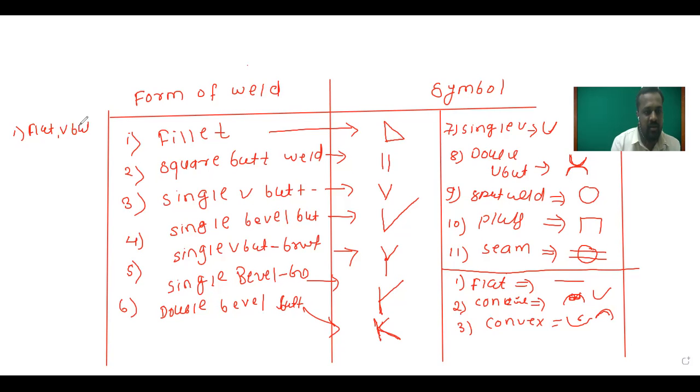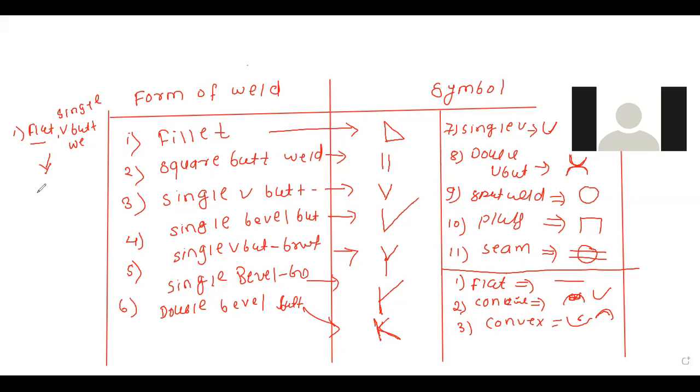Suppose they have gone flat, single V butt joint. What is the symbol for that? V and a horizontal line on the V. Okay, and at the top we have to draw it.